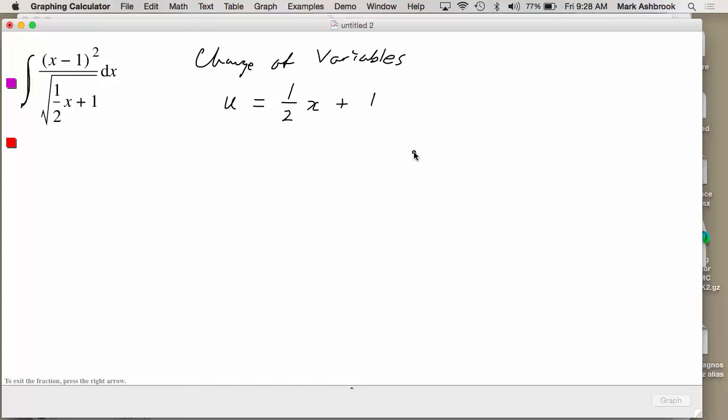All right, so I want you to find dx. We've got to find x, and then we find dx. If u is 1/2 x plus 1, find x and find dx, because we're going to need both of those things to rewrite the integral. So use your algebra, find x, and find dx. Go.